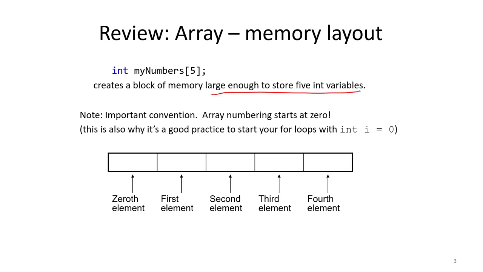And you'll want to make sure you remember the array numbering conventions. Remember, array numbering starts at 0. So the very first element in my array, we actually call it our 0th element, and this will be myNumbers element 0.